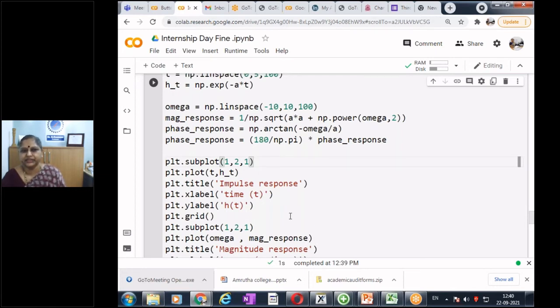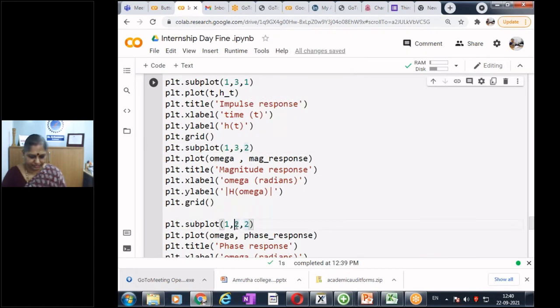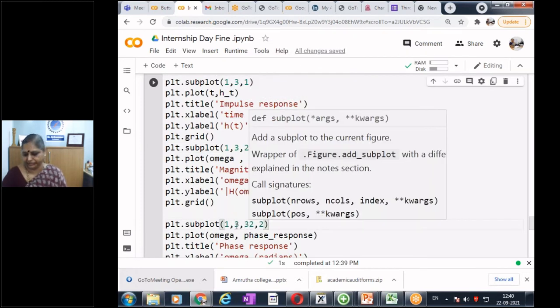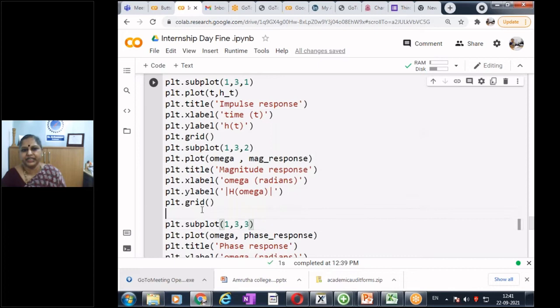What should I change here? plt.subplot(1, 3, 1), (1, 3, 2), and then (1, 3, 3). So 1, 2, 3. I have the three plots all one beside the other.